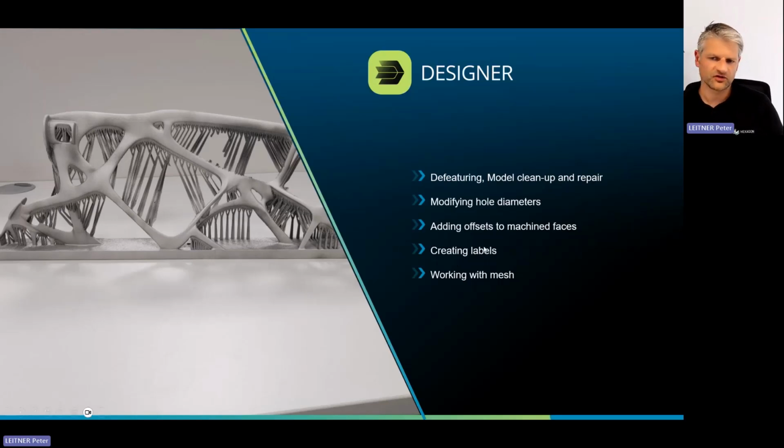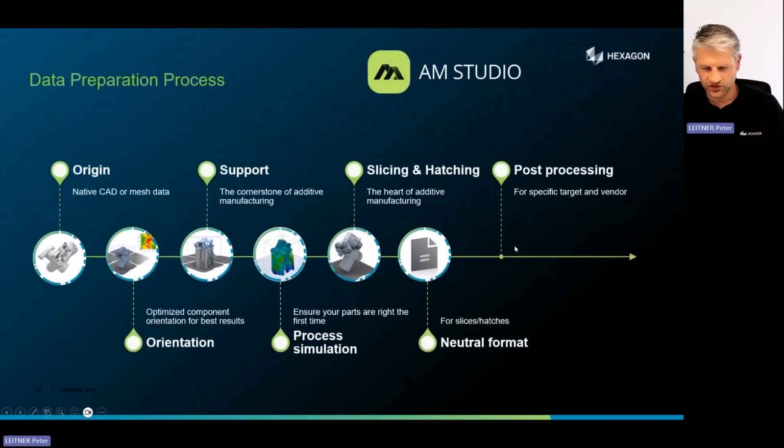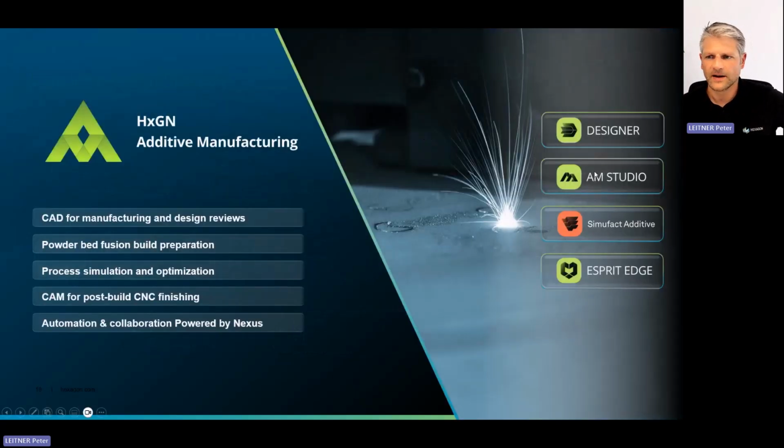You can create labels or add labels, and you can directly work with meshes as well as you can work with native CAD files. In AM Studio, I have shown you in a very quick overview the workflow. Orientation was not necessary for that part. Support generation, running a quick process simulation, slicing and hatching, and the generation of the machine file itself.